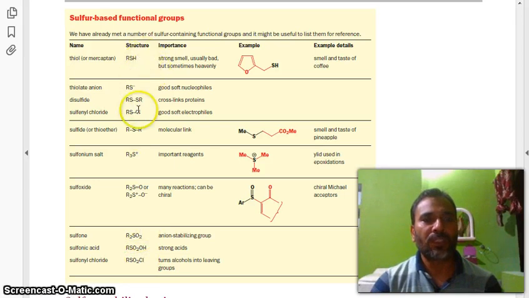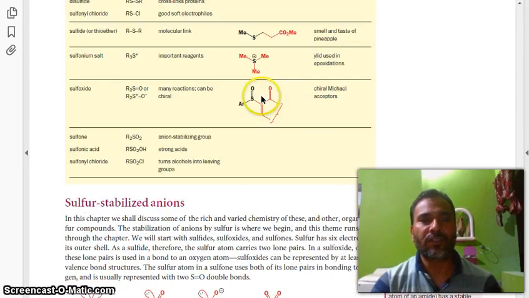So these are the structures of functional groups, and examples you see, the smell and taste of coffee and a lot more.